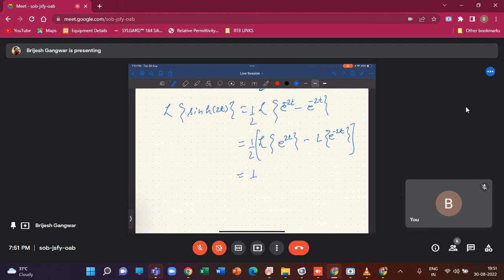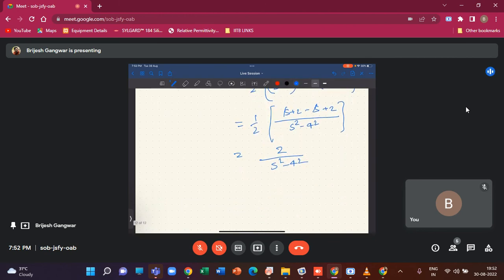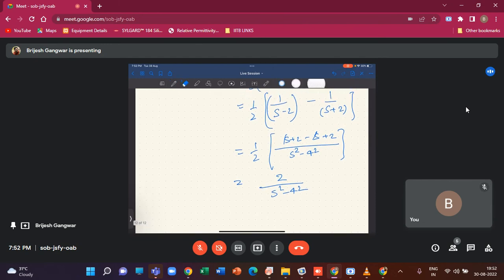So 1 upon s minus 2 minus 1 upon s plus 2, which is 1 by 2 times s plus 2 minus s plus 2 upon s square minus 4. The 4 cancels, so it will be 2 upon s square minus 4.